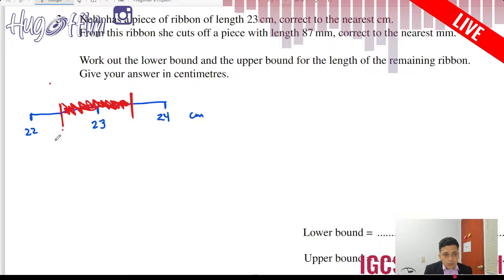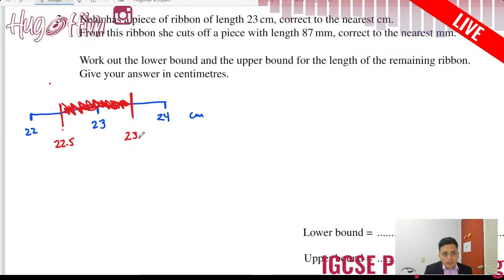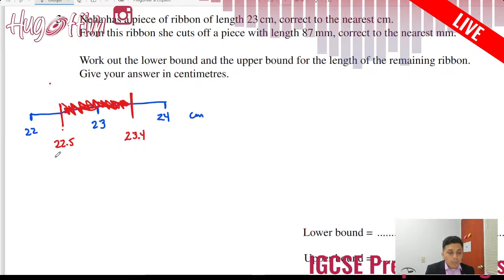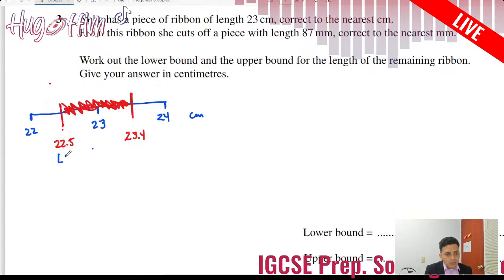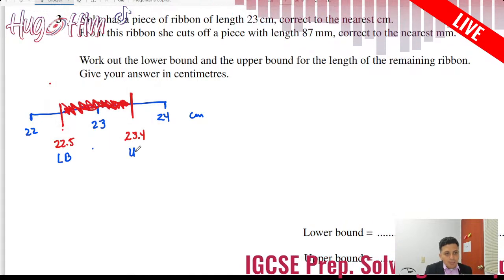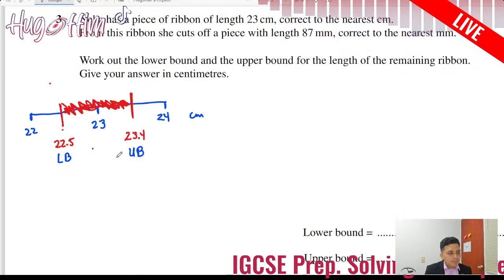This number here is going to be 22.5, and this number here is going to be 23.4. So here, what you're having is the lower bound of the number and the upper bound of the number. This is the lower bound, and this is the upper bound of the number.